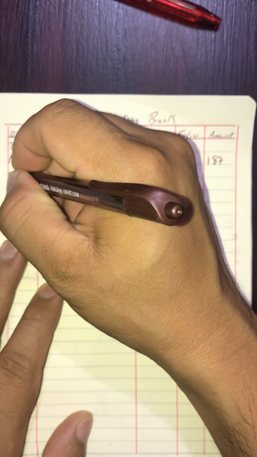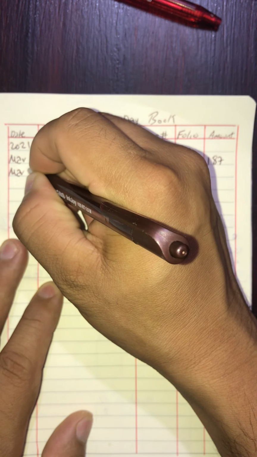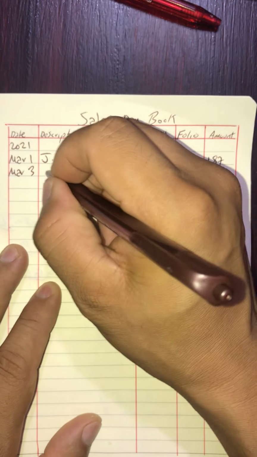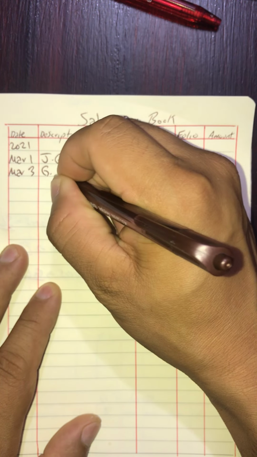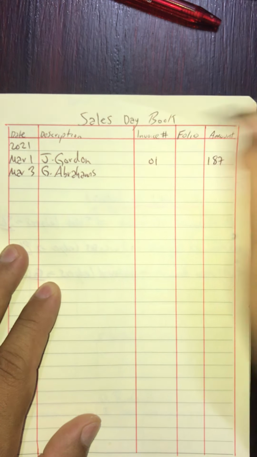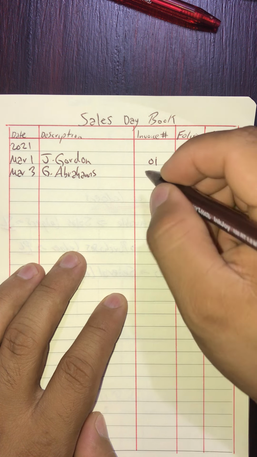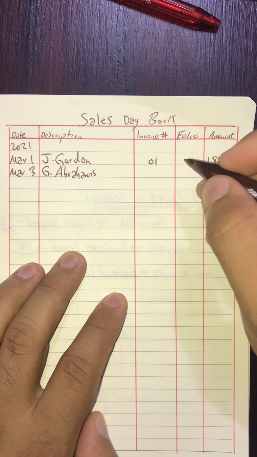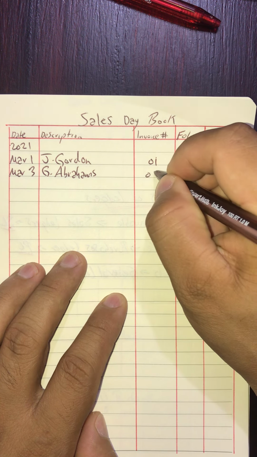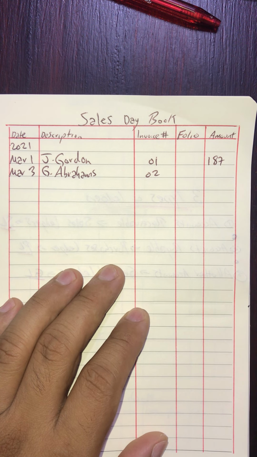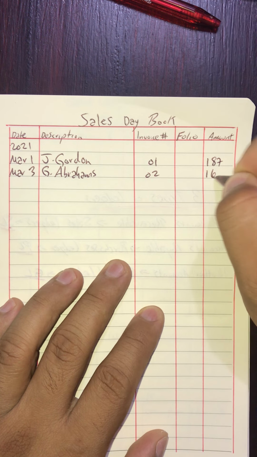So we will write March 3rd, G. Abrahams. The invoice number would be any other random number. I would go ahead and I would select 02, and the amount is $166.